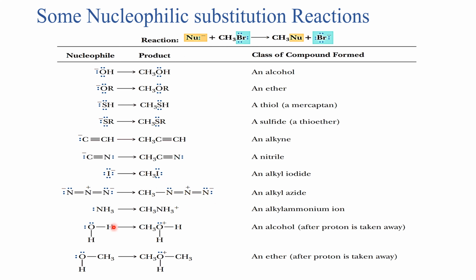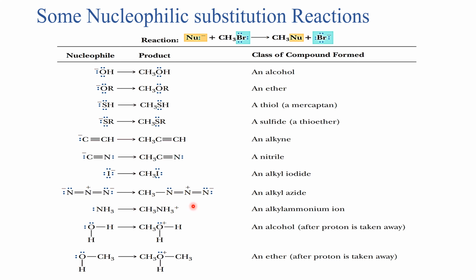Now we will see examples where the species are neutral at the start and how they convert into positively charged species. So this is ammonia. The initial product will be CH3NH3 positive, because nitrogen is again quaternary, making four bonds.